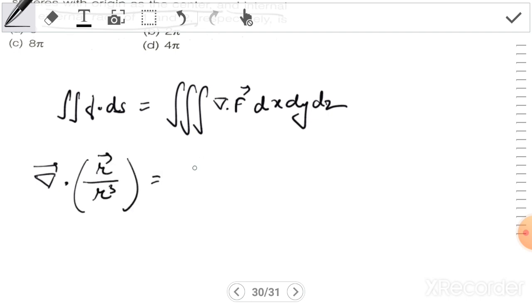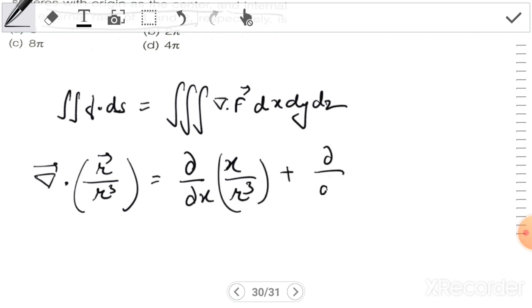we can write as partial derivatives: del by del x of x by r cube, plus del by del y of y by r cube, plus del by del z of z by r cube.